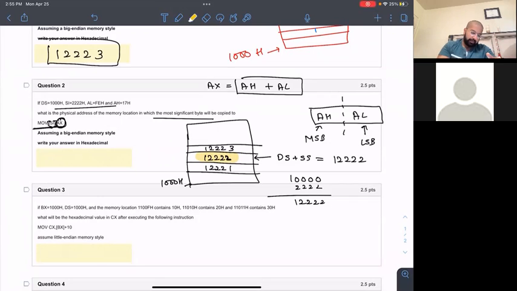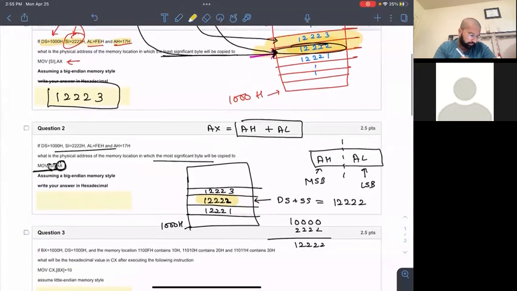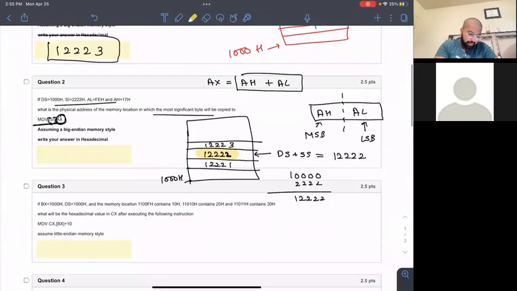So this means when we're trying to save AX at this position, the most significant part of AX will get saved on this location, and the lower part will get saved on this location, because memory grows upwards.